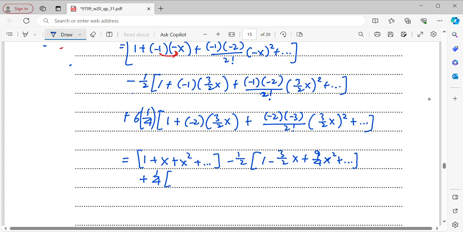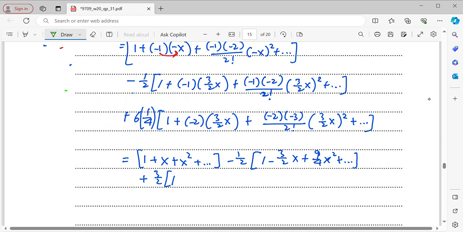So the 6 over 4 is 3 over 2. Okay, this one no longer 1 over 4, becomes 3 over 2. Okay, so then you will get 1.